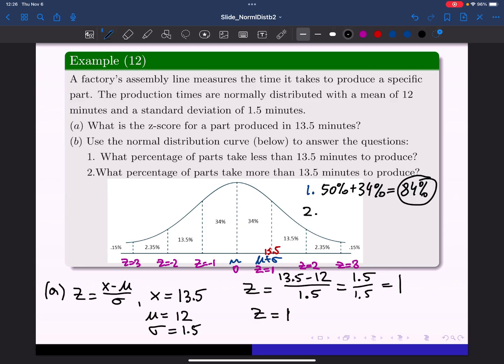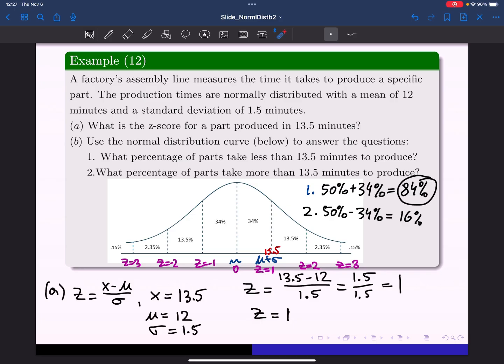So the second answer would be 50% minus 34%, and that gives me 16%. So the percentage of parts that takes more than 13.5 minutes is this area, and this percentage would be 16. If you add all of those together, you should also get 16%.